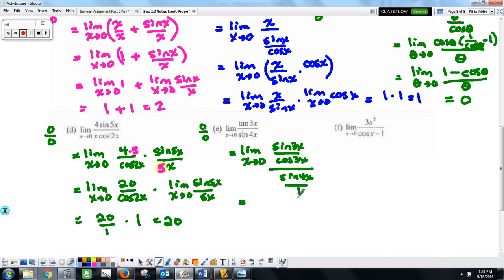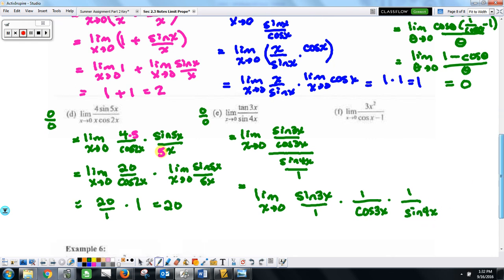And so dividing by a fraction is the same as multiplying by the reciprocal. And I'm going to group things together. I'm going to take that sine of 3x and put that in a fraction by itself. I'm going to take the cosine of 3x and put that in a fraction by itself. And if you want to, you can put a 1 there. And then this one, when I flip and multiply, is going to be 1 over sine of 4x.